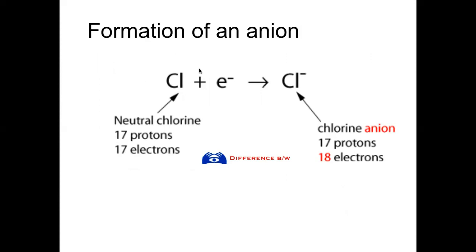But let's say that the chlorine atom actually gains an electron. Therefore, we have more electrons, now 18 electrons and 17 protons. And because we have more electrons than we do protons, we're going to have this negative charge here on the chlorine atom, and this is going to form a chlorine anion.